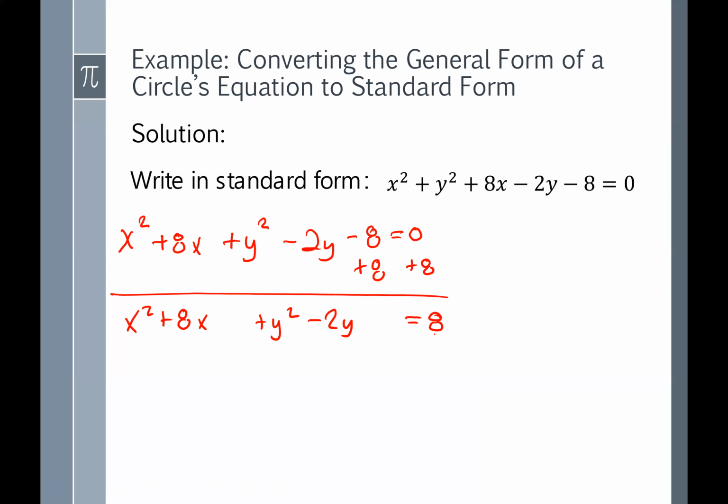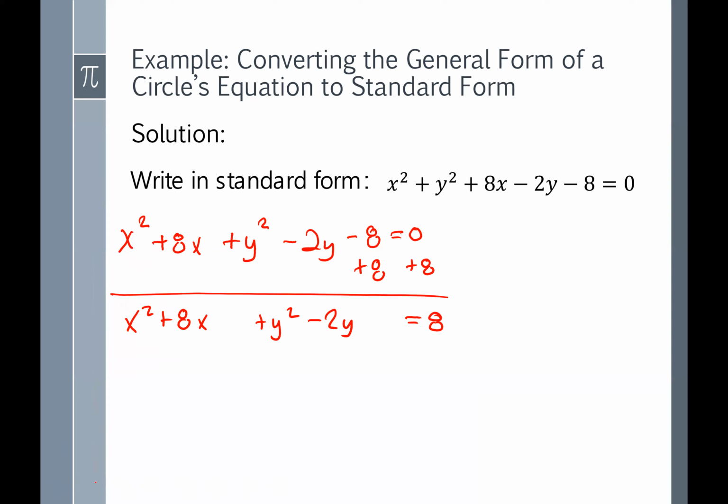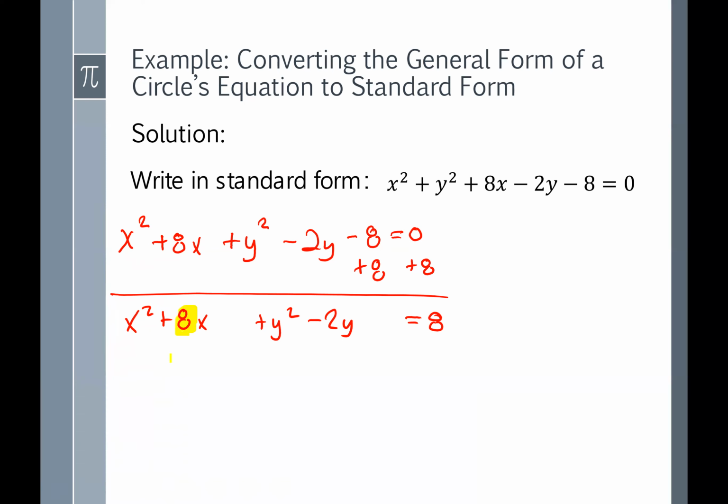So I take the middle coefficient, the coefficient on the x. So that's 8. I'm going to divide it by 2, and I'm going to square it. 8 divided by 2 is 4. 4 times 4 is 16. So I'm going to add 16 right here.